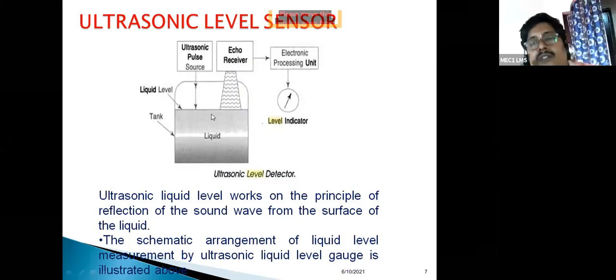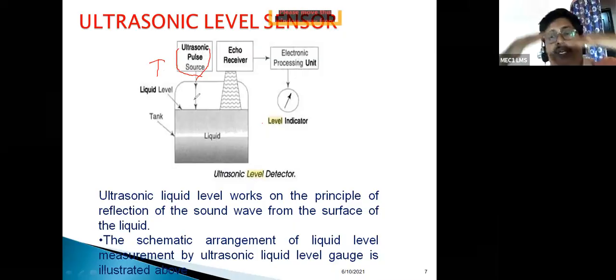The next is the ultrasonic level sensor, used to measure the level of a liquid in a tank or a vessel. It consists of a liquid whose level we have to measure. If you observe, there is an ultrasonic pulse source, a transmitter T, which transmits the ultrasonic sound waves.